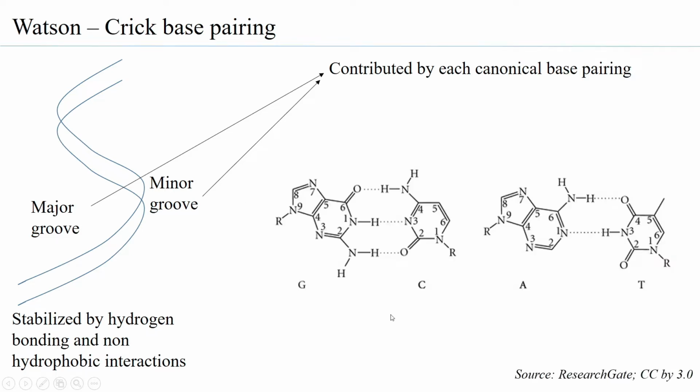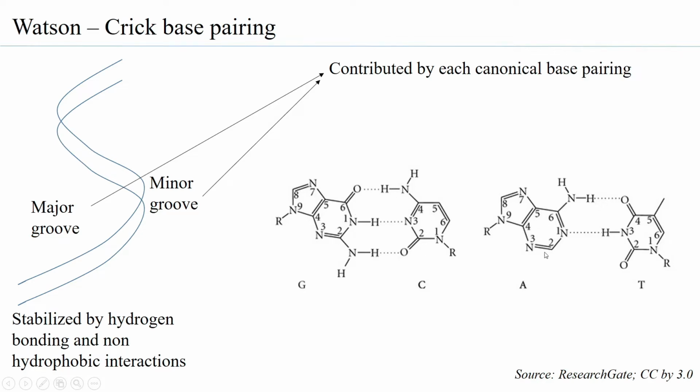Now to look at the way the Watson and Crick base pairing stands, say you have the guanine over here which interacts with the cytosine, and it is always the 1, 2, 6 elements of the purine guanine that would interact with the second, third and the fourth atoms of the pyrimidine. So this is the normal or the conventional Watson and Crick base pairing.